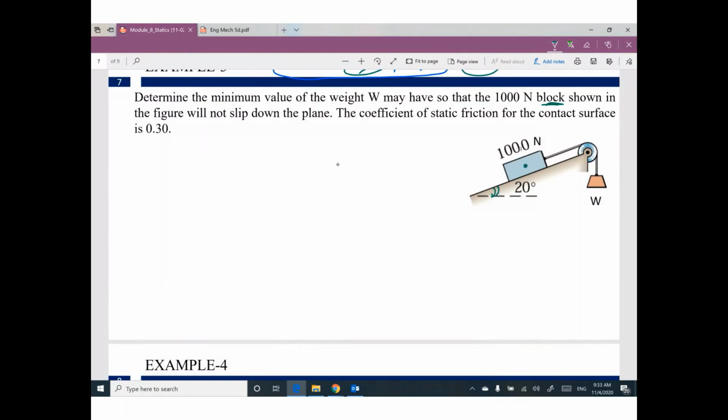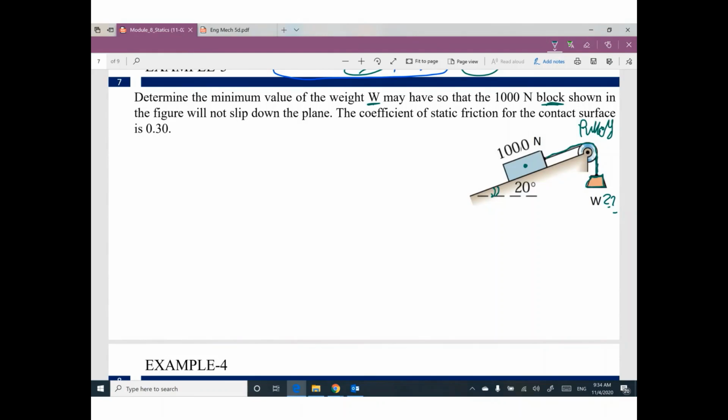This weight is attached to this cable around this pulley and attached to a weight W. This W is unknown. Can you tell me what is the minimum value for the weight to maintain equilibrium?